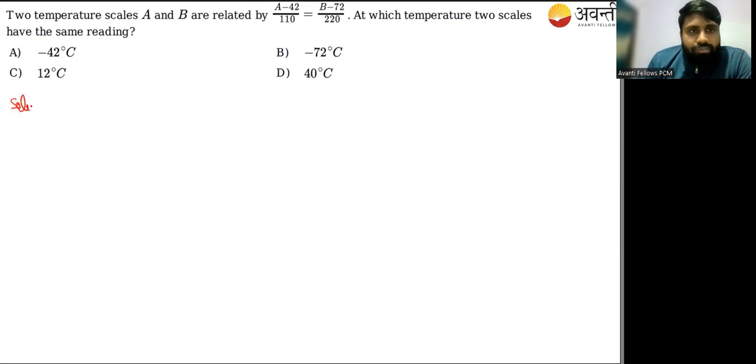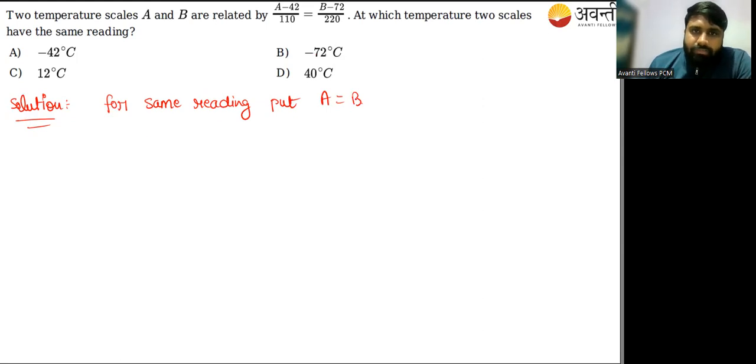The solution of this question: for the same reading, put A equals to B. So we only put A here. A minus 42 divided by 110 equals A minus 72 divided by 220, because we need to calculate the common temperature.